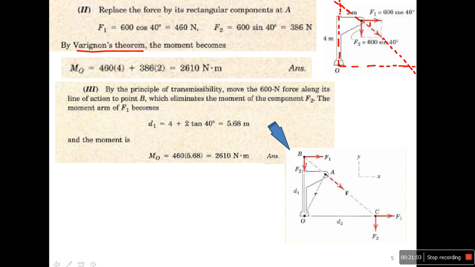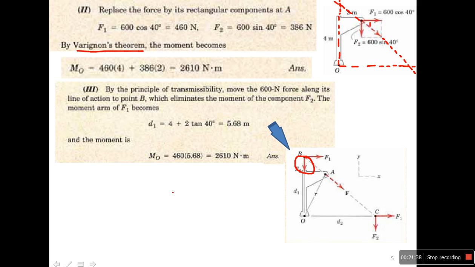Now you can see this F2 has no moment. Why? Because it has no distance. F2 passes through the point, so it has no perpendicular distance. So F2 has no moment, just F1.